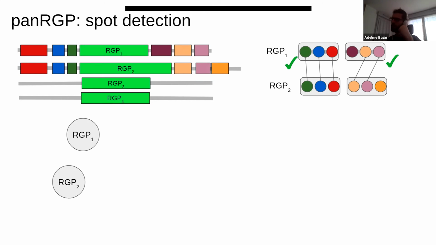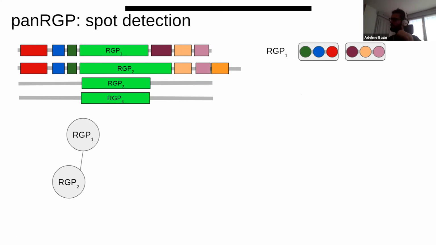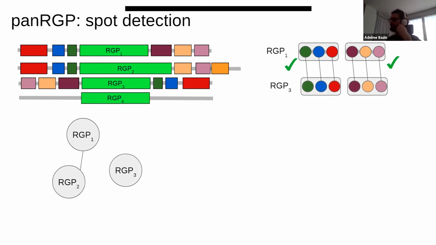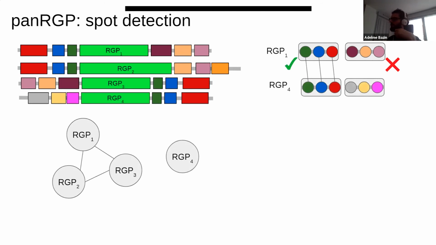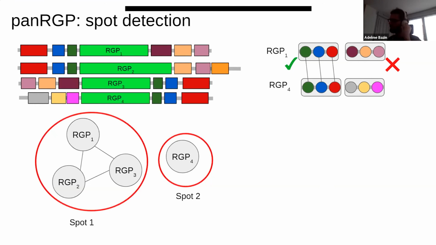And we will build a graph where each node is an RGP, and we add an edge in the graph if both of the borders match. We do that for all RGPs that we predicted in the pangenome. If only one of the borders and not the other matches, we will not add edges. In the end, the spots of insertion that are predicted will be connected components in the graph.